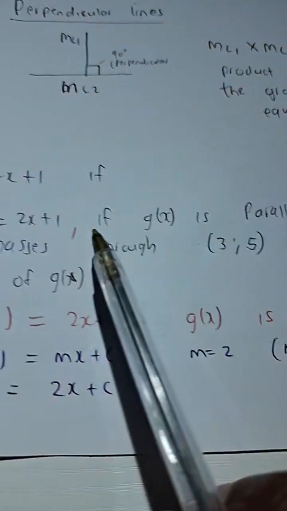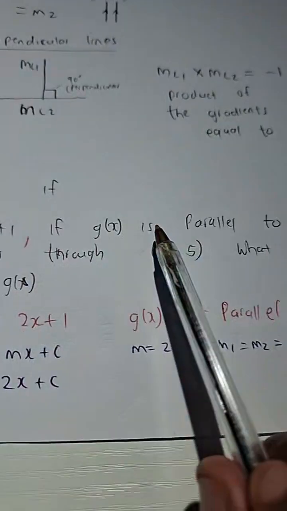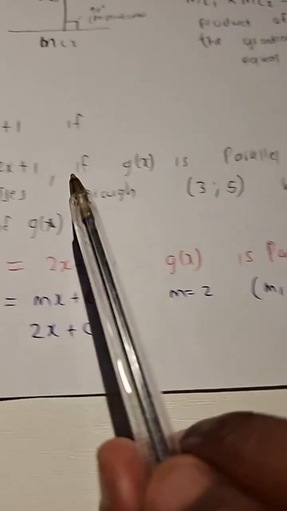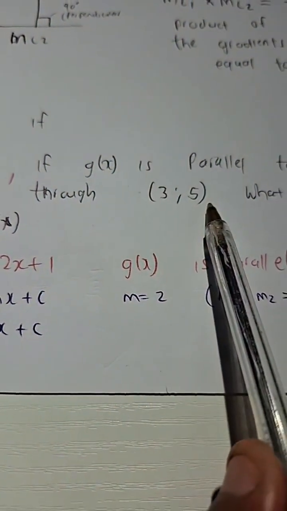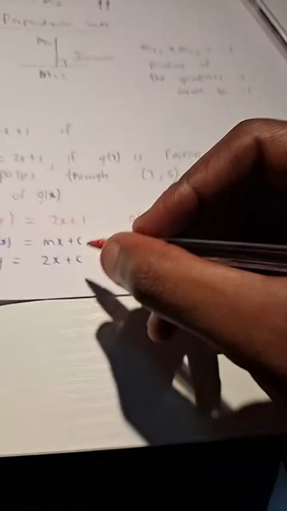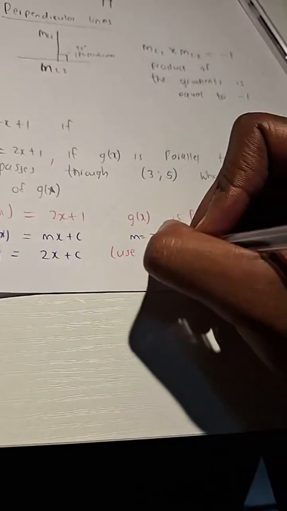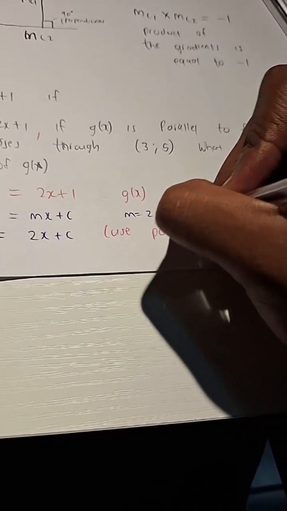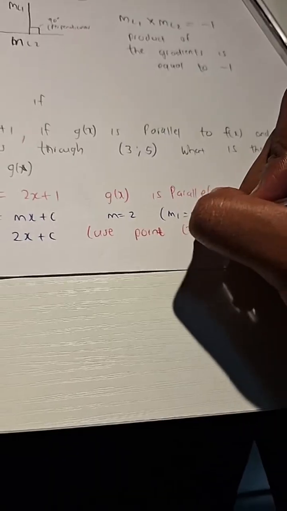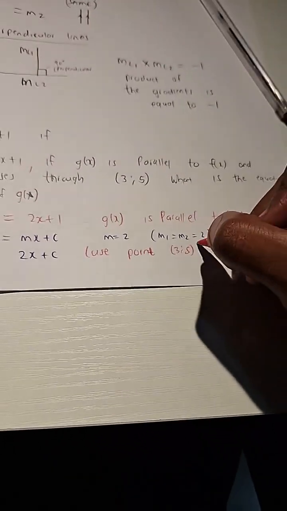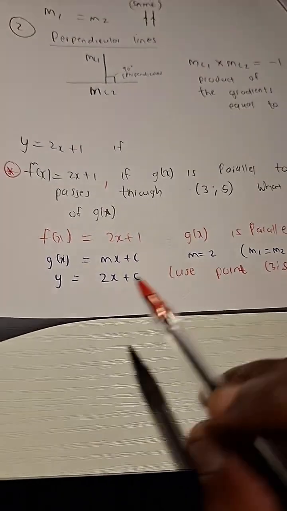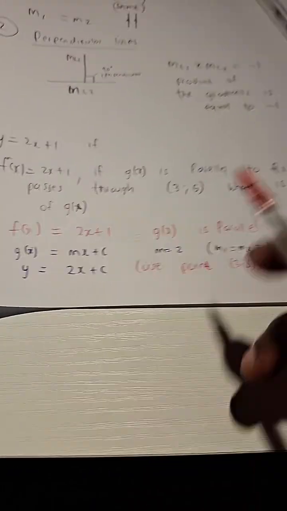Now, all that we are short of now is to find the value of c. But there's some information we got, and that is g of x, since it's parallel to f of x, also passes through (3, 5). So that means we are going to use our point (3, 5) so that we can get the value of c.